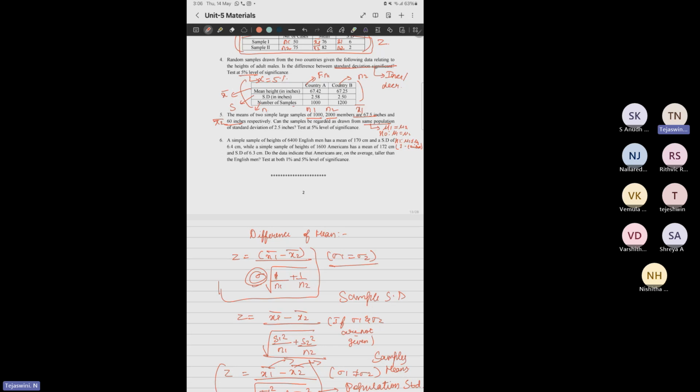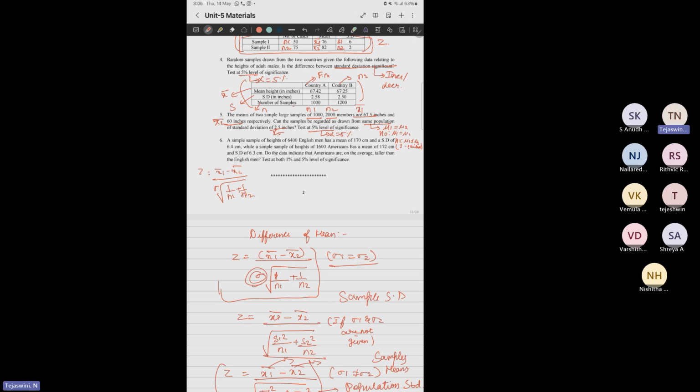Since we don't have any keywords over here, the standard deviation is given to be the same, sigma is given to be the same. So we'll use the 5% level of significance, alpha is equal to 5%, and the value of Z will be x1 bar minus x2 bar divided by sigma times the square root of 1 by n1 plus 1 by n2.